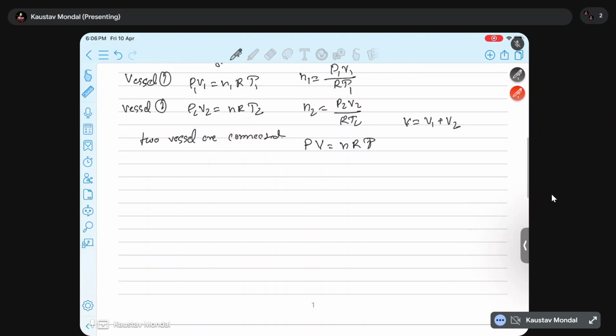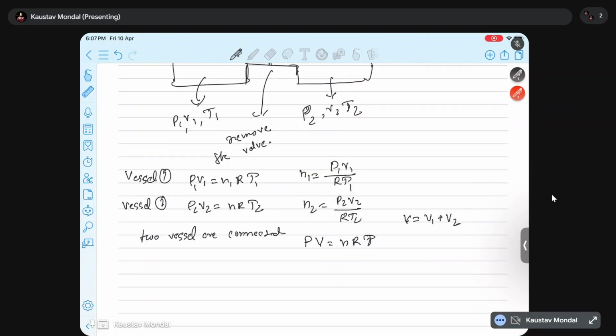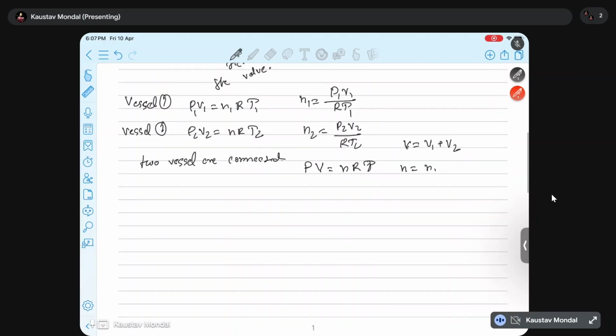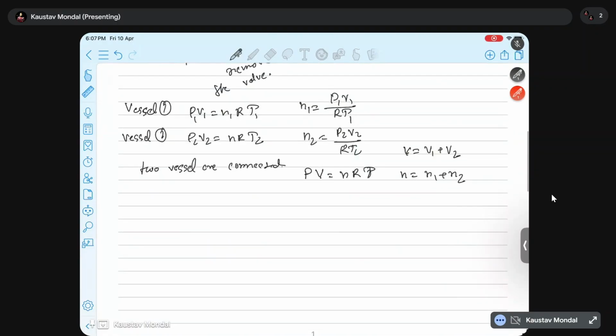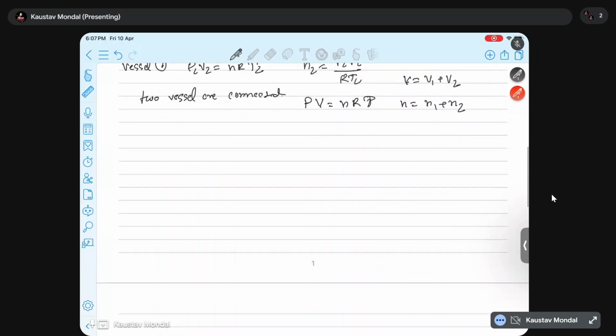We just add up the two volumes that are available to the gas, and that gives you the total volume. Similarly, the number of moles is also an extensive property, so N will be equal to N1 plus N2. You just add the respective moles for vessel 1 and vessel 2, right? So this will be the gas equation.